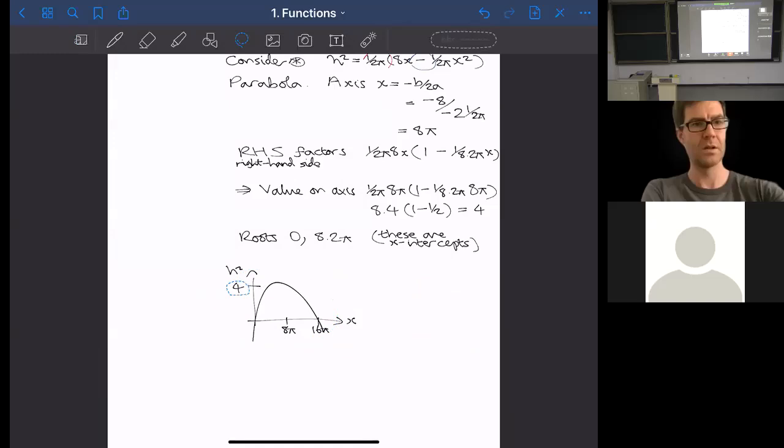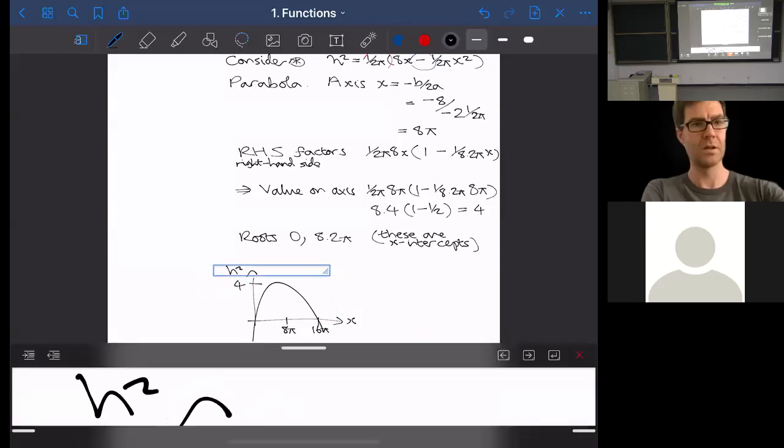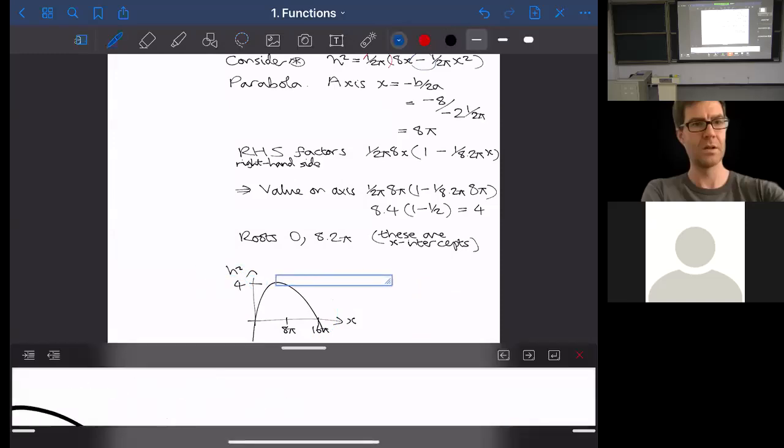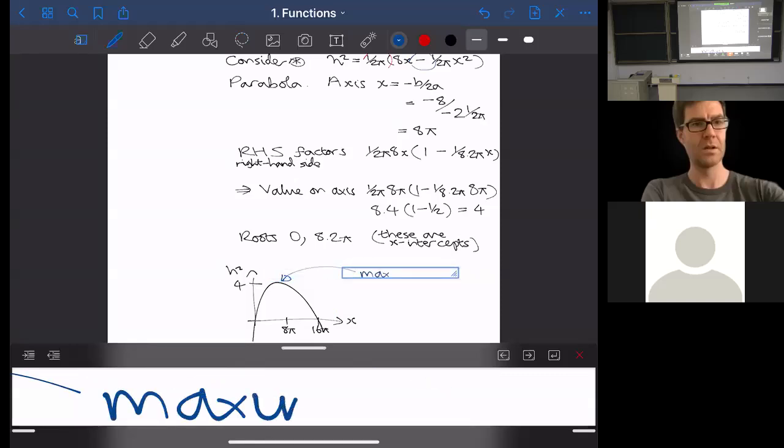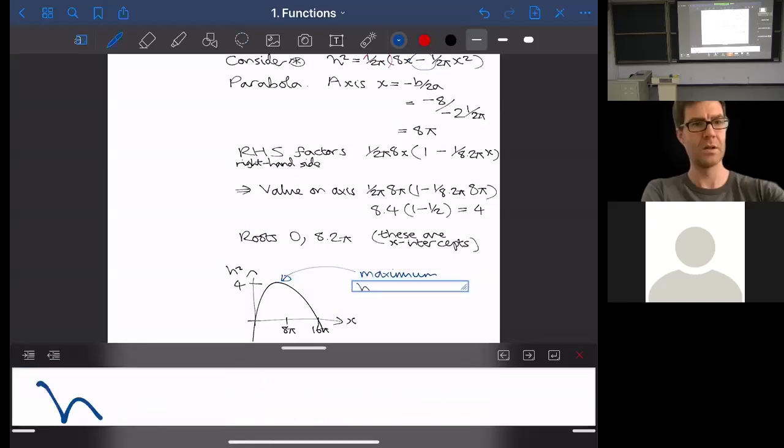Okay, so not the best sketch, but it's good enough. So this graph shows how h squared depends on x. So in particular, we can see maximum h happens here.